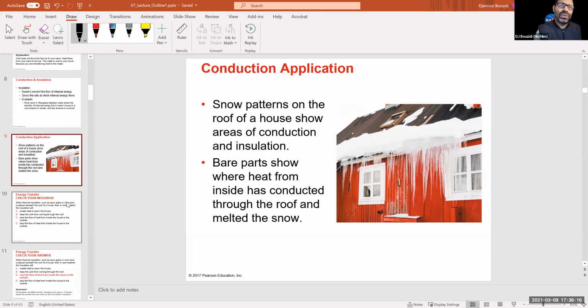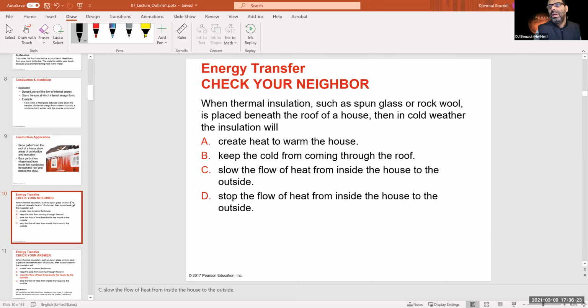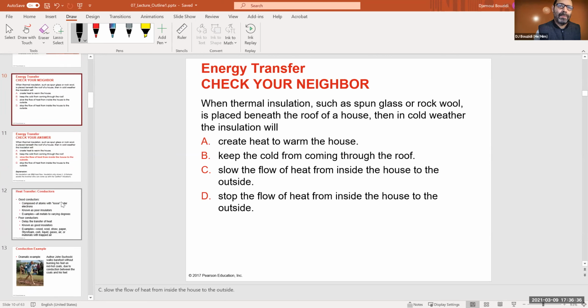Again, you can just trace where the ice has changed phase. So again, it slows down the transfer of heat from the inside to the outside.